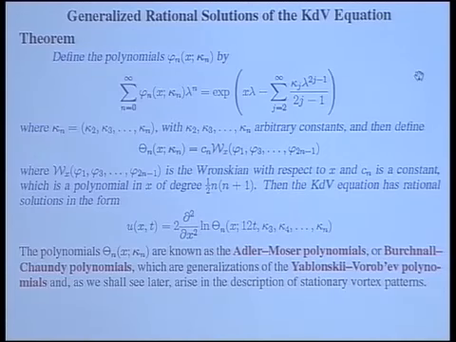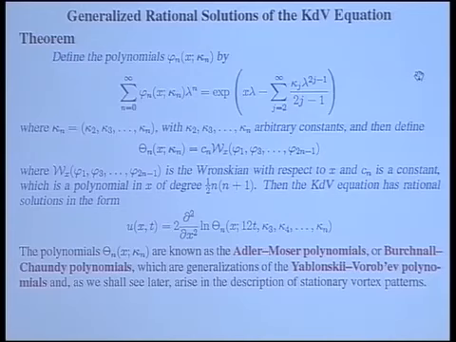If you now define a polynomial phi n, through this expansion here, where the exponential now has an infinite number of terms, and all the kappas are arbitrary constants, then you look at this polynomial, which again is a Wronskian with respect to x of the odd ones, and this is a polynomial of degree half n times n plus 1, so it's a triangular number.